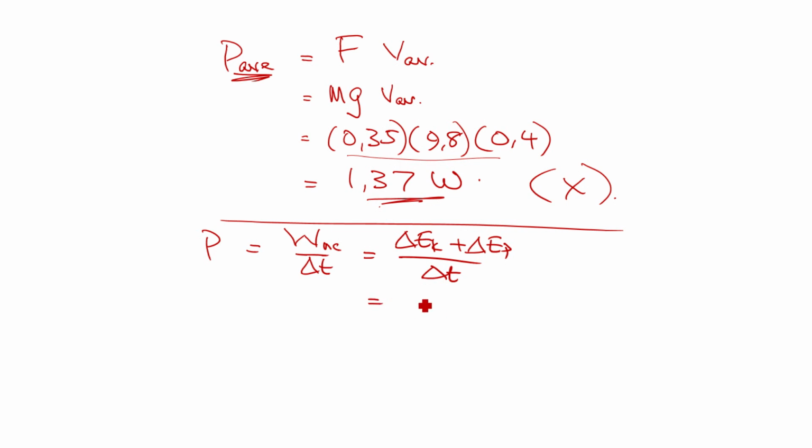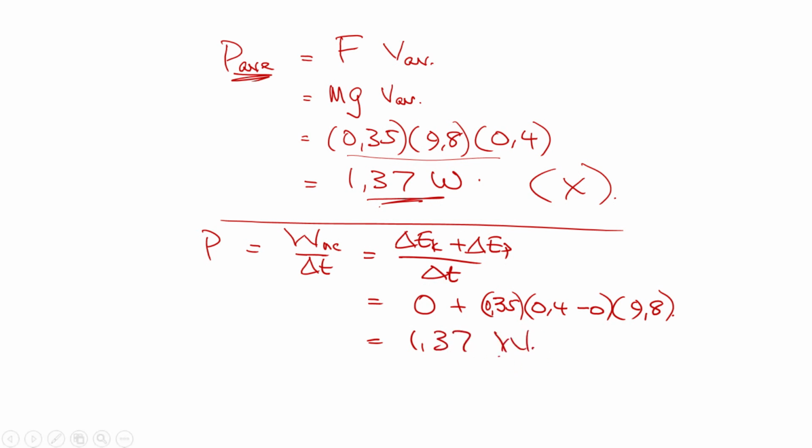When we've lifted the thing right up, it's got no more kinetic energy, but it's a mass of 0.35, which has been lifted up 0.4 from 0, and we multiply that by 9.8, and again we're going to get 1.37 watts. So you could have done it that way as well. All right. And sorry, it's per unit time, so I would have divided that by 1.